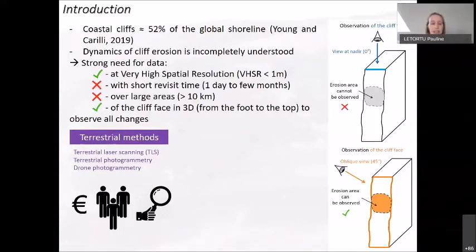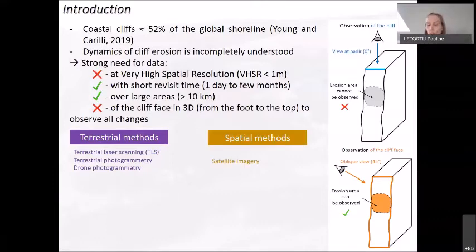Methods have existed since the 2000s to monitor cliff face erosion, that could be gathered into terrestrial methods such as terrestrial laser scanning. But these methods can be expensive, requiring people on the field, and with sometimes limited spatial representativeness of the data.